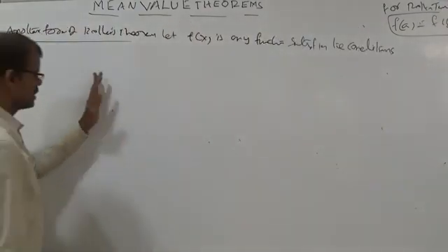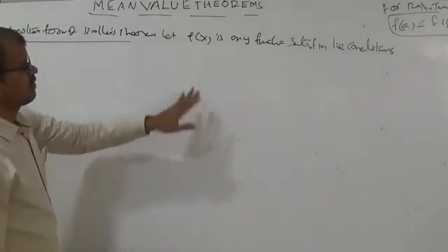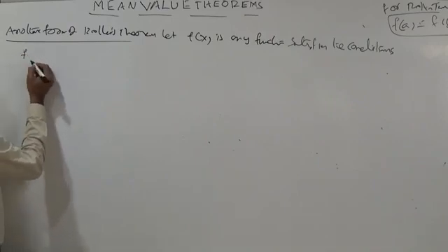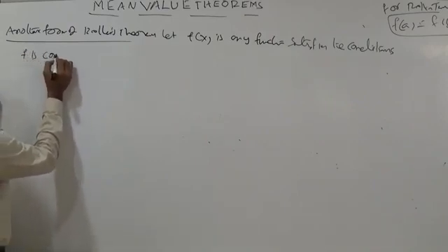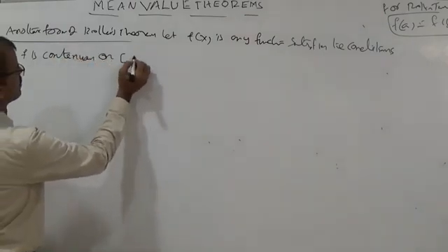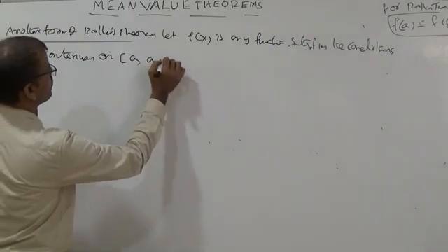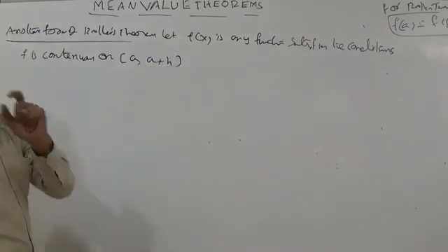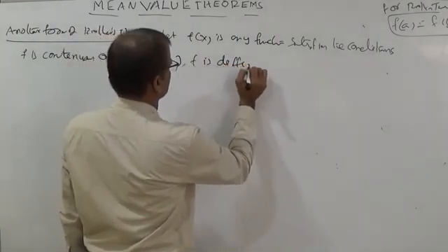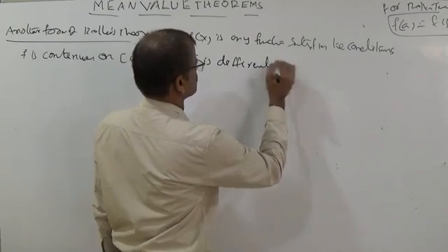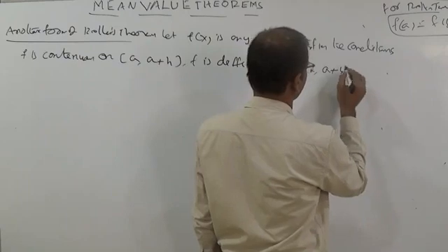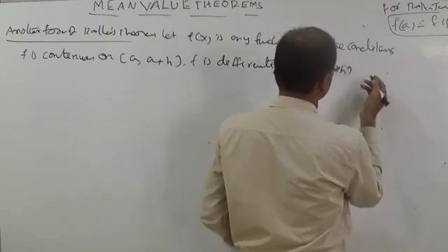In the same way, let f of x be any function satisfying the conditions. First, f is continuous on the closed interval a comma a plus h, where h is a small value. Next, f is differentiable on the open interval a comma a plus h.